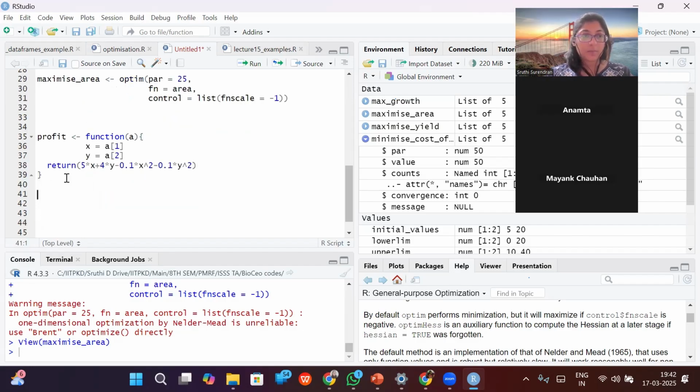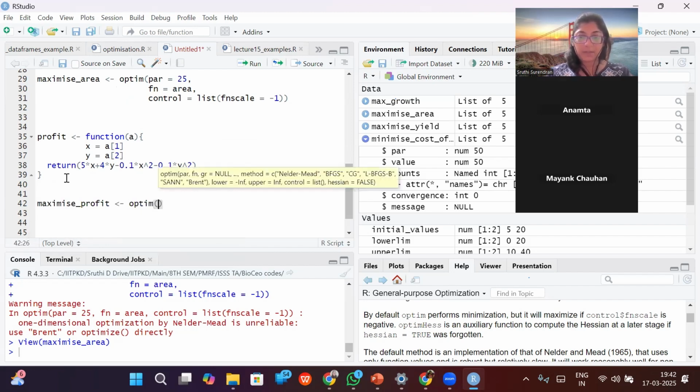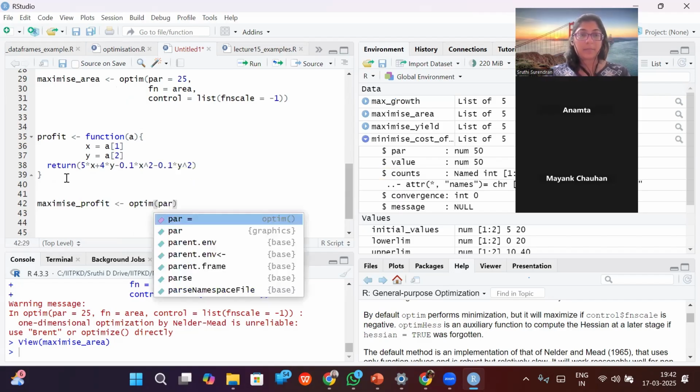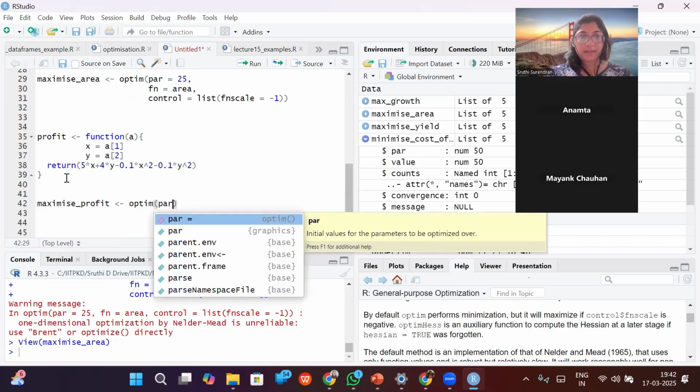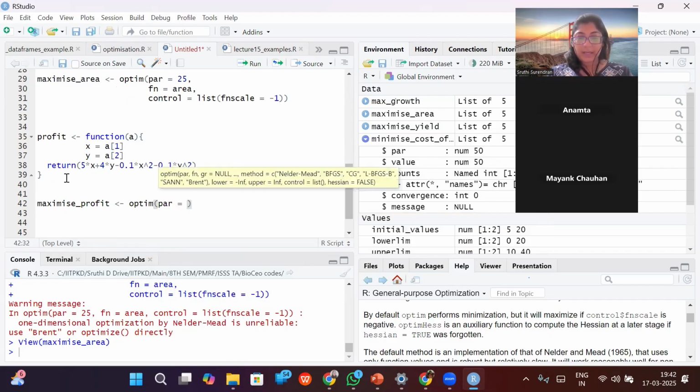Now our objective function is to maximize the profit, and if we are using optim, first we need to give the initial value of the parameters x and y. That can be, say, 10, 10.